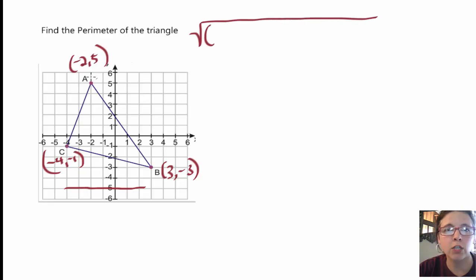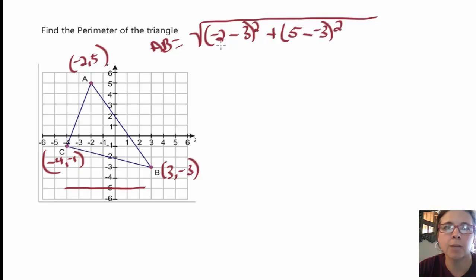So let's do from A to B. We do our x's first. It doesn't matter which one you pick. So we do -2 minus 3 squared plus 5 minus a -3 squared.